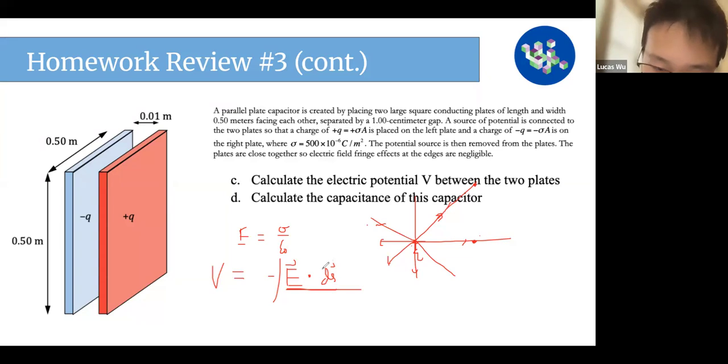You need to notice that this is actually a vector. If I can choose which path I integrate on, this is a path integral.